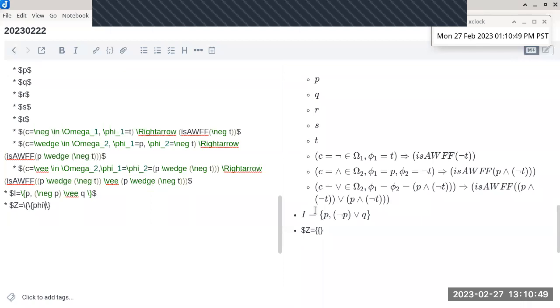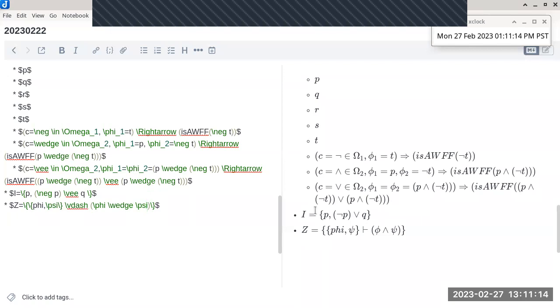So we'll start with phi here, and also psi. And then we use the V dash symbol. And then we have an expression here, which is phi and psi over here.